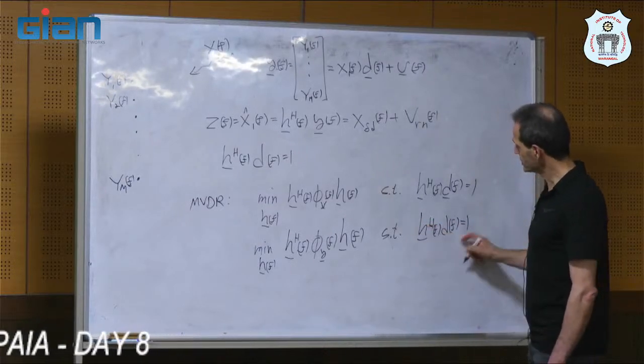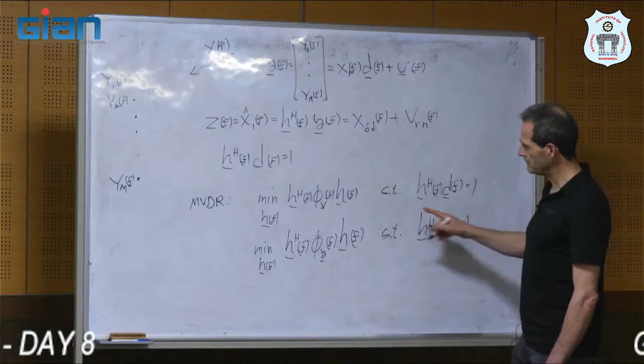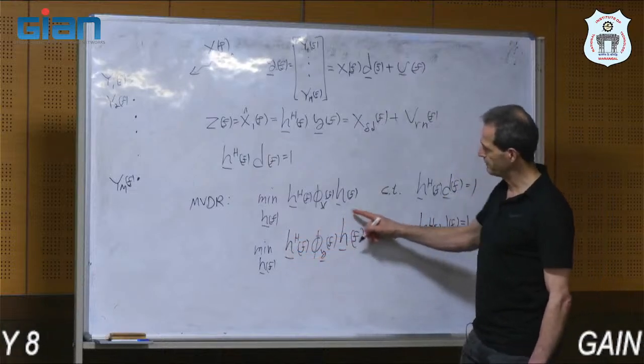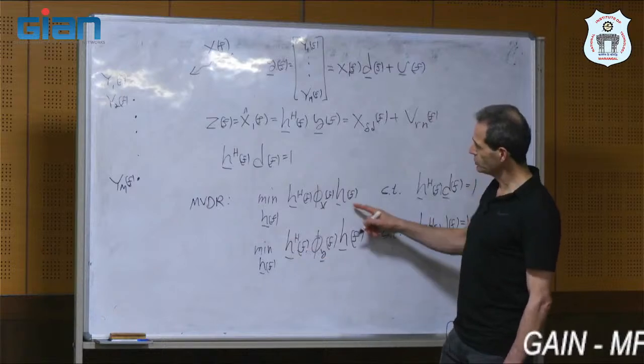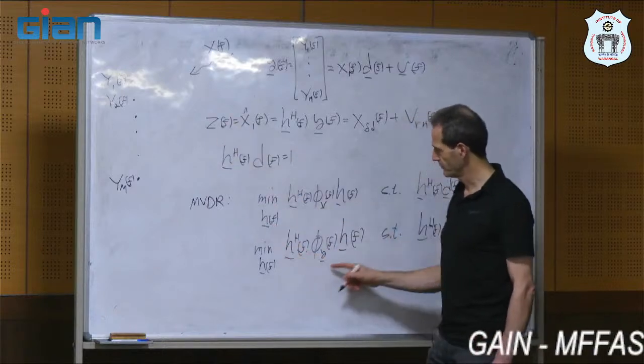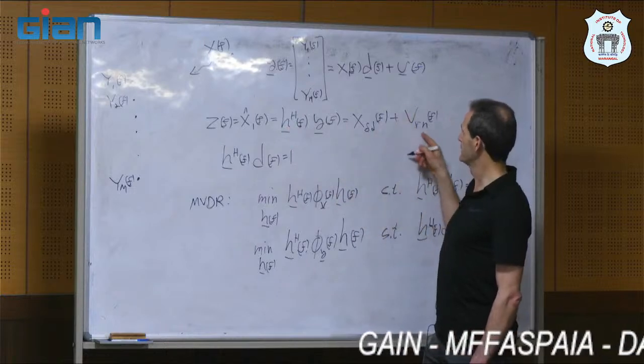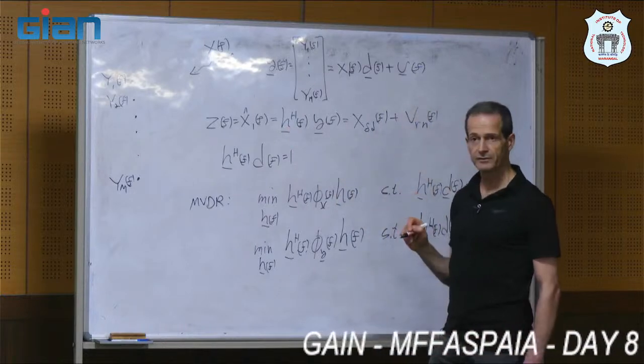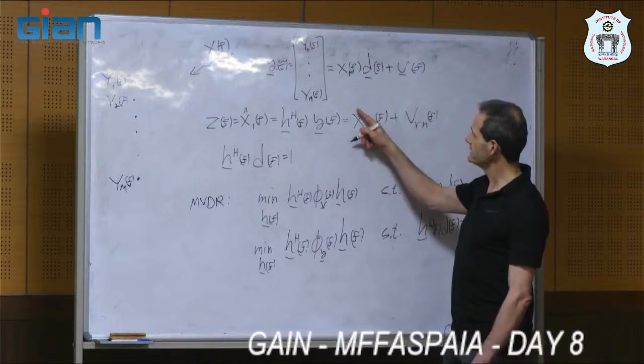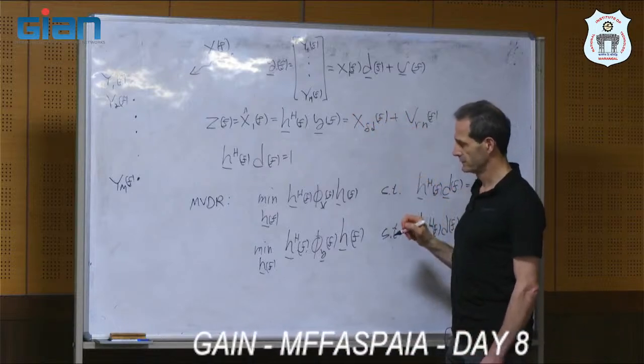Because under this constraint, minimizing the variance of the output of the estimate is the same as minimizing the variance of the residual noise. Because this is X1.